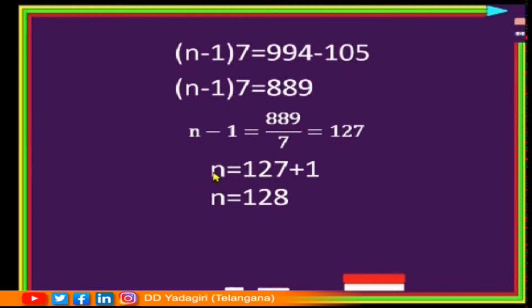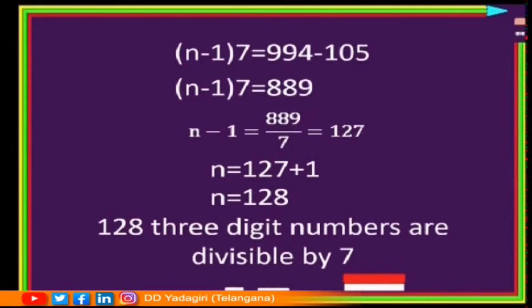So by using arithmetic progression, we have simply found that there are 128 3-digit numbers which are divisible by 7. In the same way we can find how many 4-digit numbers are divisible by 9. Okay, so till now we have solved beautiful and interesting problems based on the nth term formula.